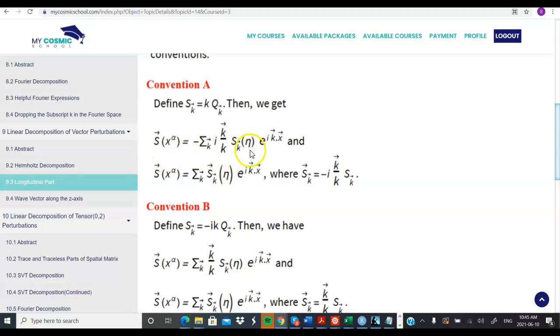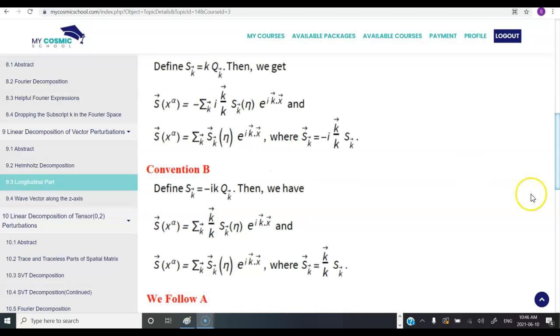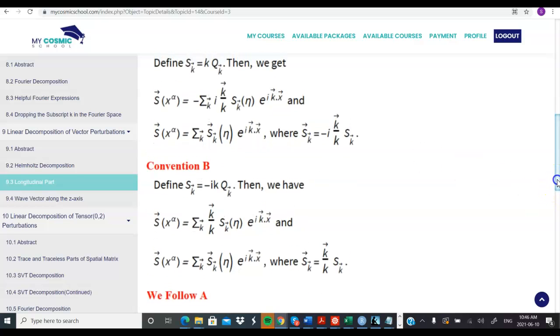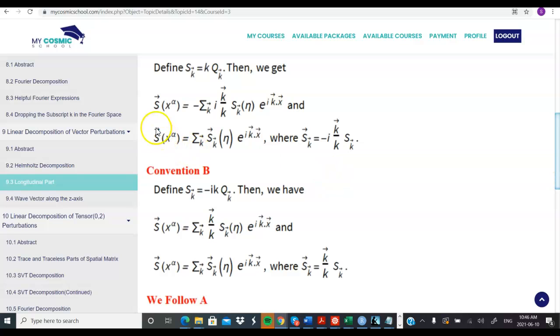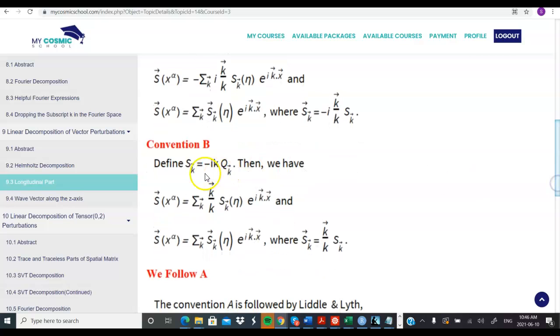So when you are expanding vector s, this sk is related to this sk in this manner, and this is convention A. And if you follow convention B, then your vector expansion is this.